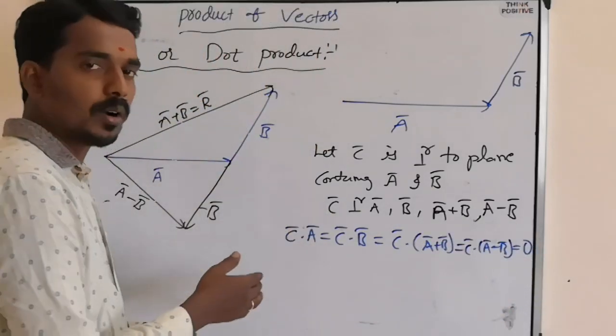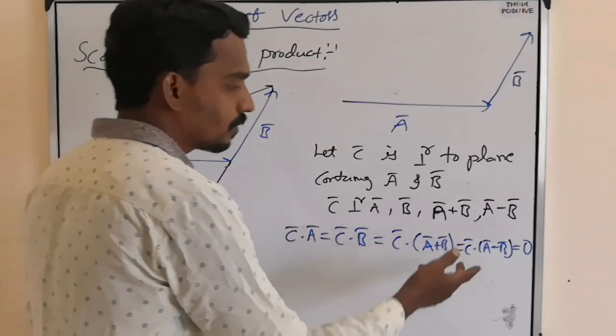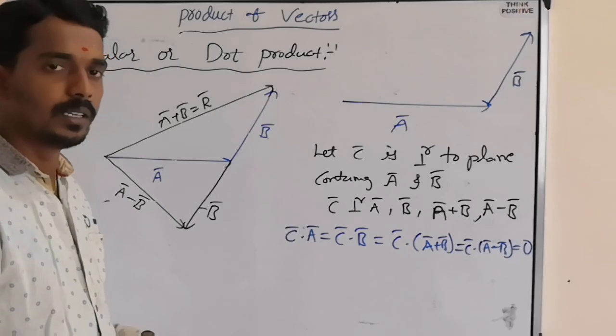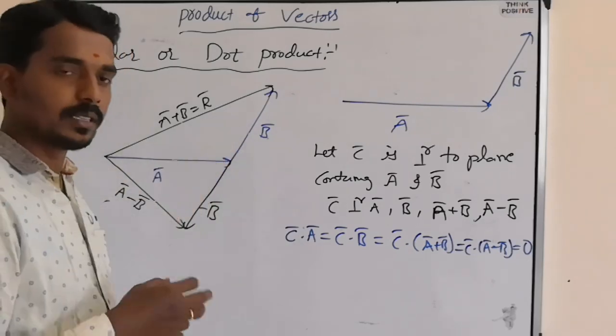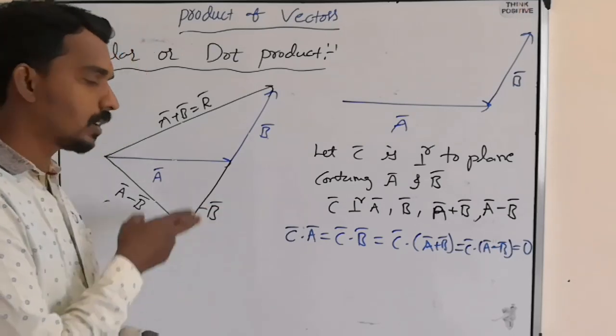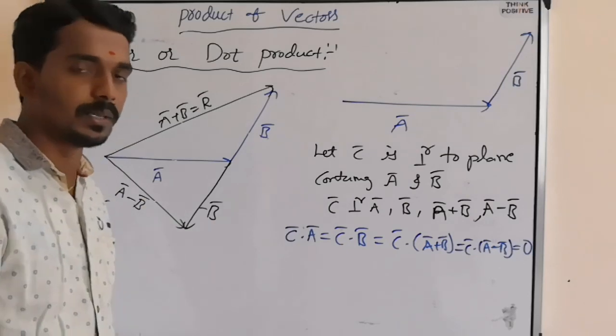Because according to dot product, if two vectors are perpendicular, their dot product must be 0. If there is a vector perpendicular to this plane, then that must be perpendicular to A, B, A plus B and A minus B.